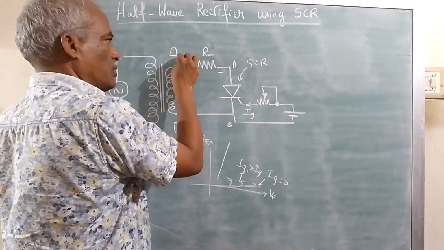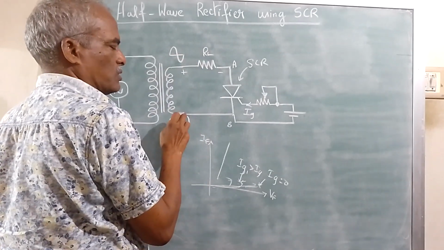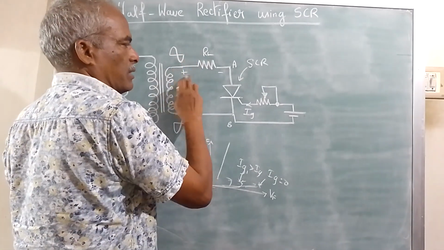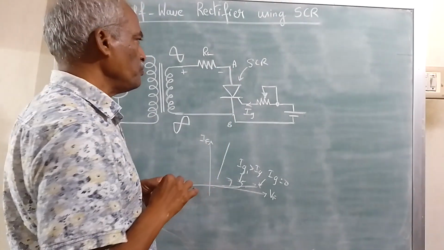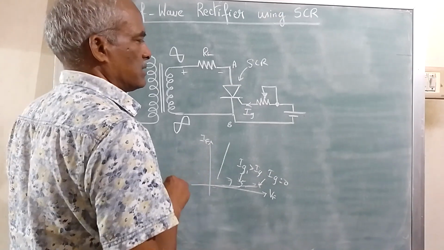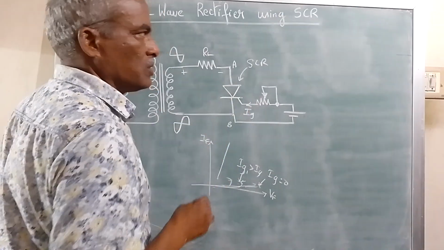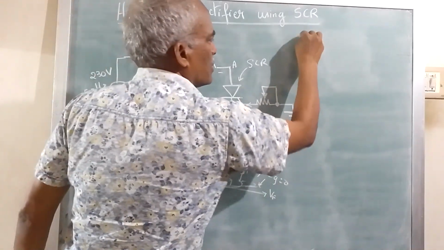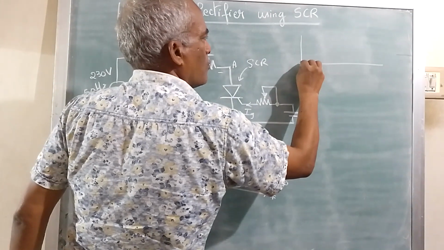During the negative half cycle, this end is negative and this end is positive. So during negative, this is reverse biased and the SCR will not conduct. So what is the use of this gate? The input is an AC waveform.